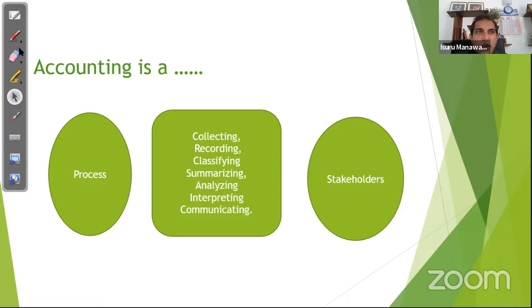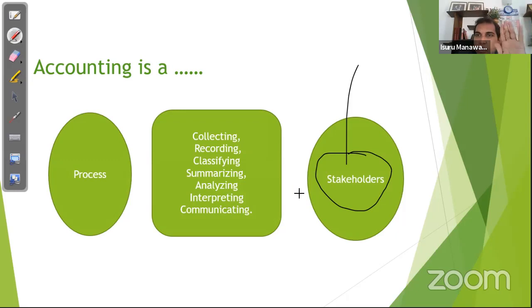So who are the stakeholders? Already mentioned in the beginning of the lesson. Owner, customers, government, suppliers, financial institutes, banks, overall general public. Those are the stakeholders of the business.